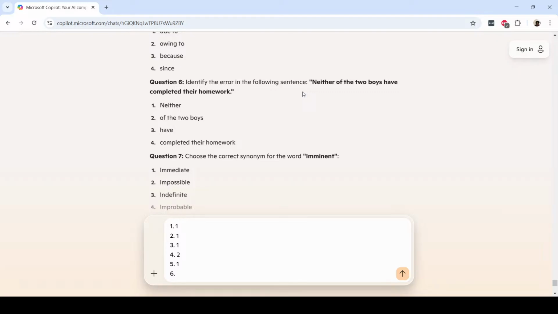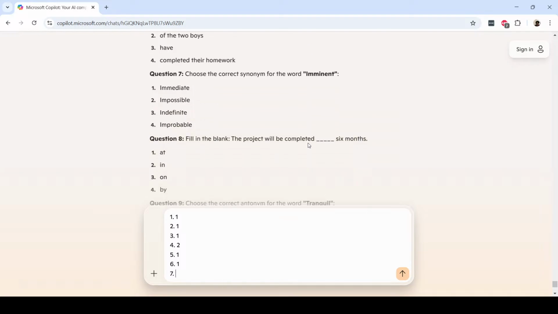So it should be something like none of the two boys have completed. So neither is the error for me. Let's see how it is.